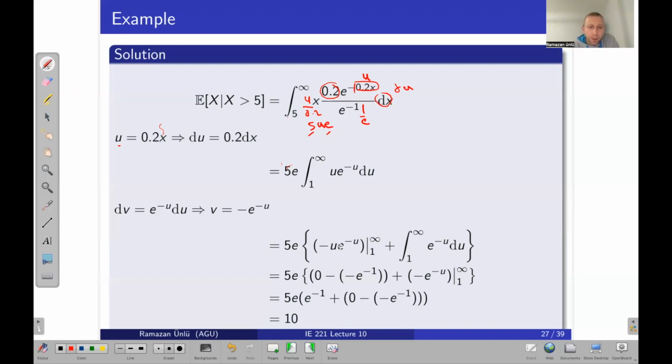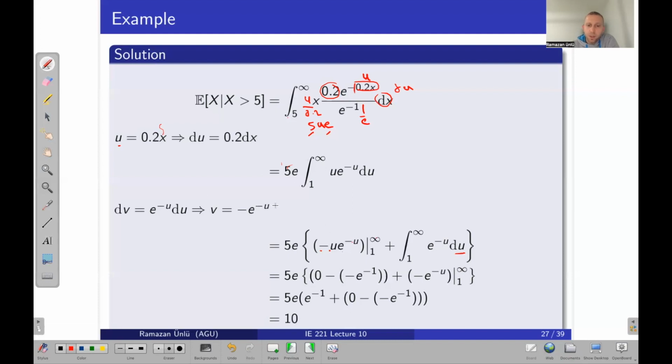What is v? Which is minus e to the minus u, and u. We need to evaluate this from 1 to infinity, minus the integration of v du. What is v?